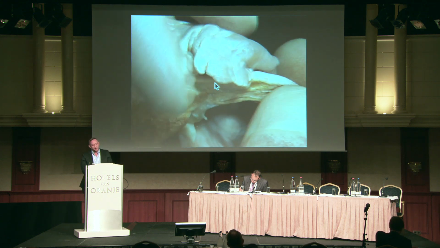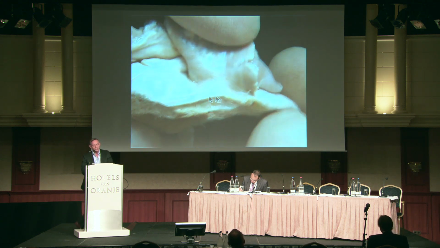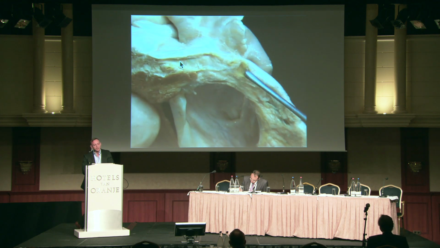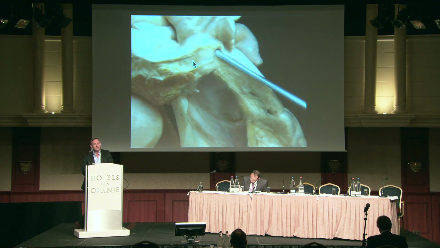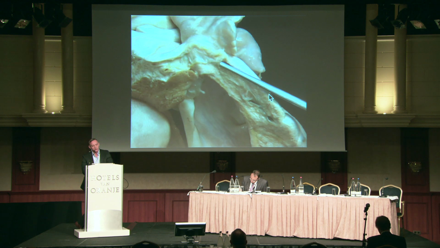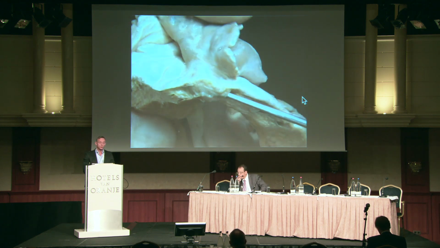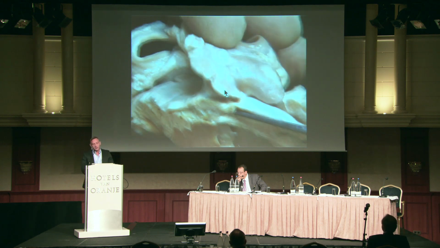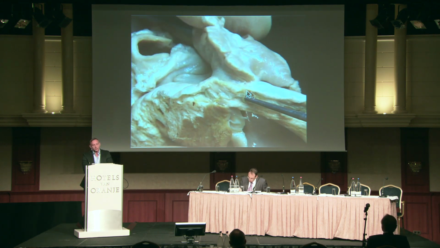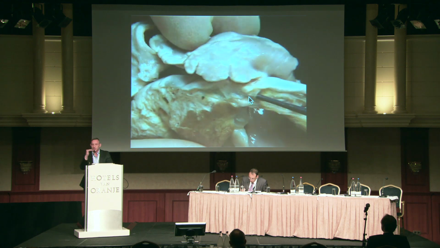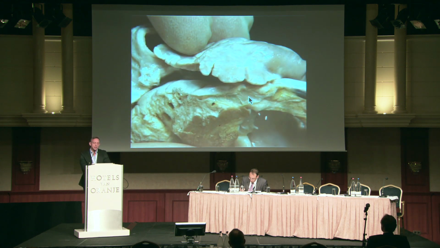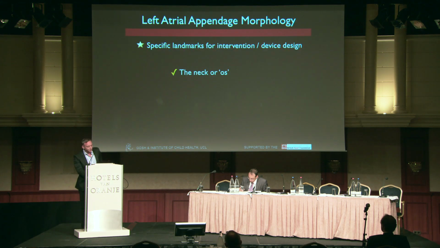And just above that level, you can see a small vessel, which is, again, running directly beneath the neck of the left atrial appendage. And this, in fact, is the great cardiac vein. You can see it's a thin-walled structure, and beneath there is, in fact, the circumflex coronary artery. So both of those vessels run very close to the opening or the neck of the left atrial appendage.